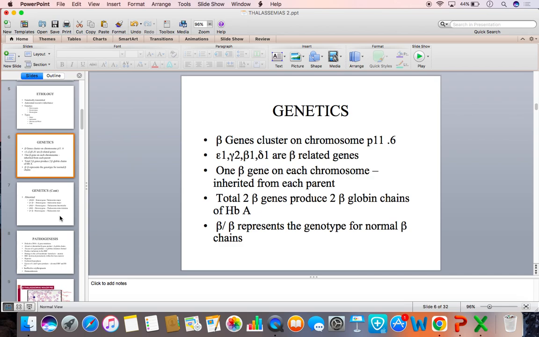One beta gene on each chromosome is inherited from each parent. So there are two beta genes that produce the two beta globin chains.